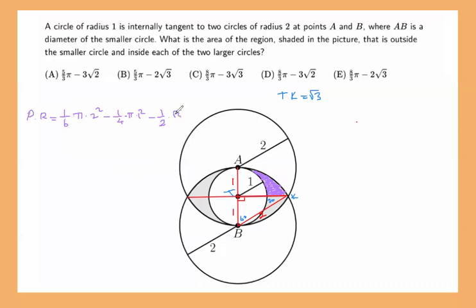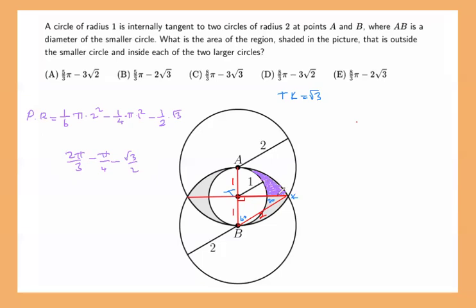So that should be root 3 over 2. That's going to be one of the regions that we are looking for, and then we are going to multiply this by 4. So that will be 4/6, which is 2 pi over 3, and then this is pi over 4, and then minus root 3 over 2. So this is the purple region right here.